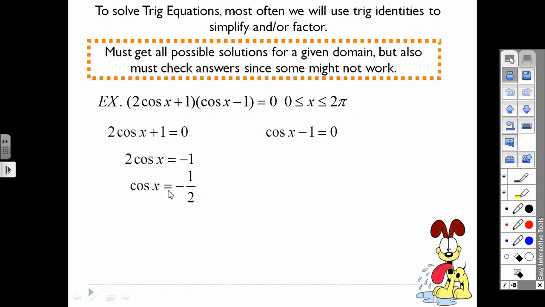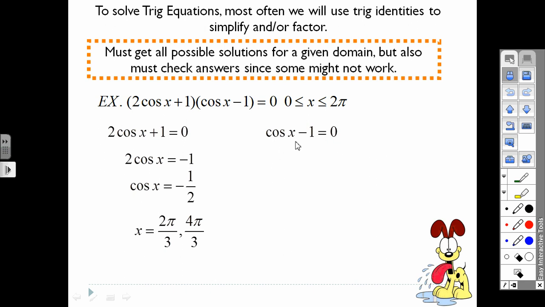So since cosine x is supposed to be negative, we're going to look at the 2 quadrants where cosine is negative, and that's going to be the second and the third. So if you look at your unit circle, in the second and the third quadrant, we would get 2 pi over 3 and 4 pi over 3. So at those two places, cosine is going to be -1/2. So there's half our answer.